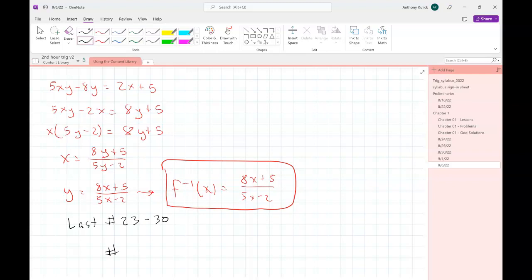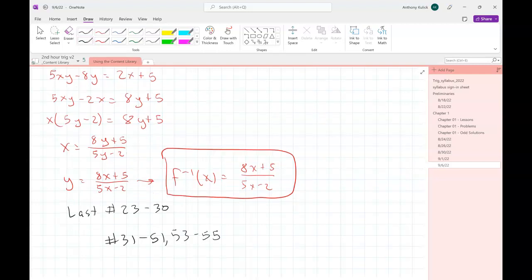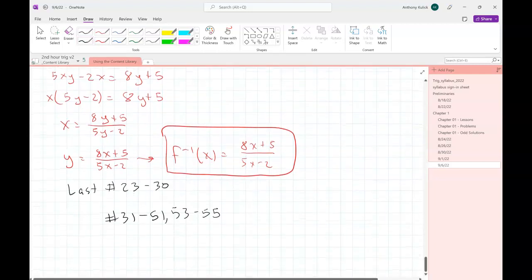And now we're going to assign 31 up to 51, and then 53 to 56. Nope, 55. Wait, were we supposed to do 23 to 30? Not part of the check, but they were problems that were assigned last week, but were not part of the check yet. So they get into this week's.